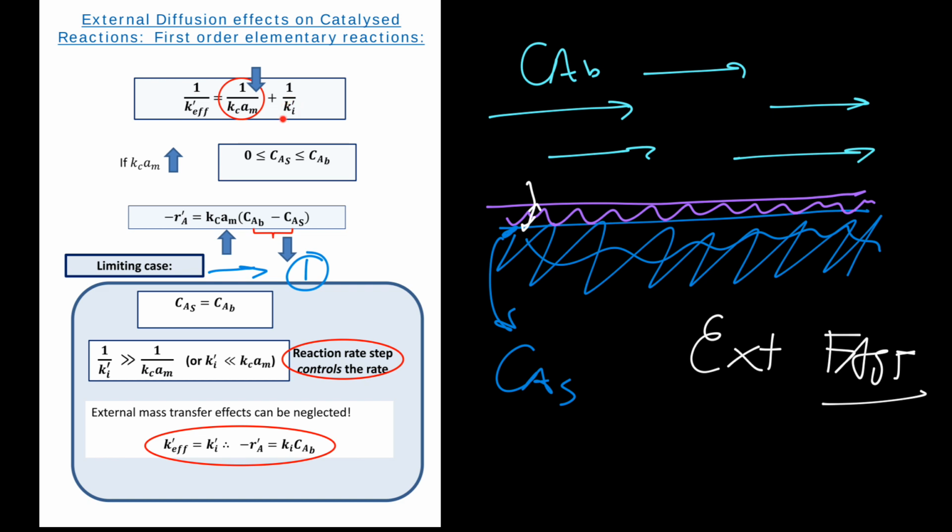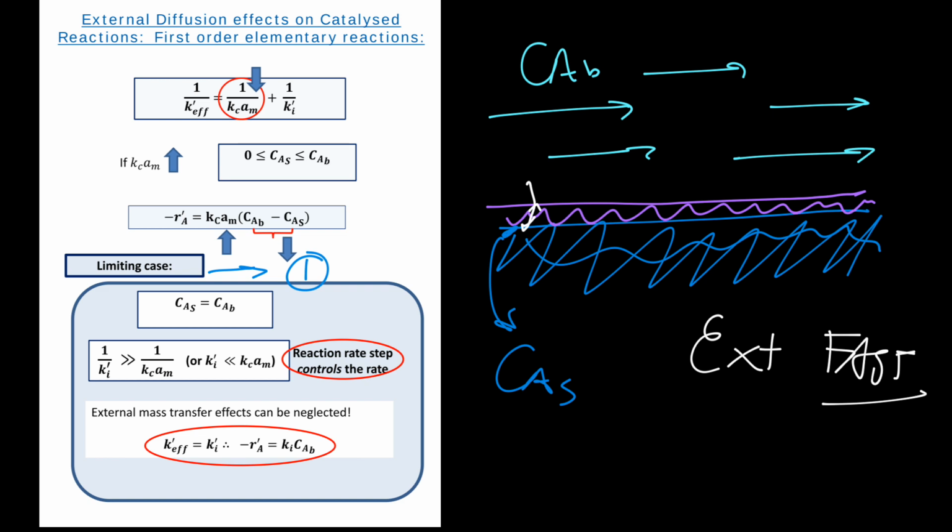If Ki dash is 1 times 10 to the power of minus 9, and KCAM is equal to 100, 1 divided by 100 is going to be pretty much negligible compared to 1 divided by 1 times 10 to the minus whatever I previously mentioned.